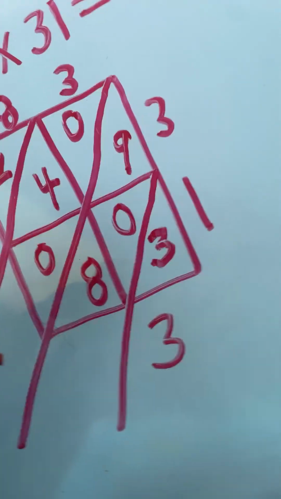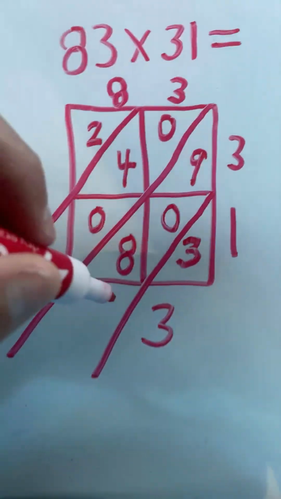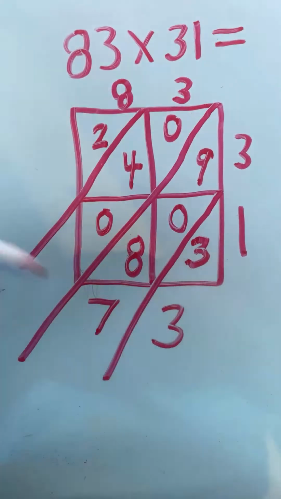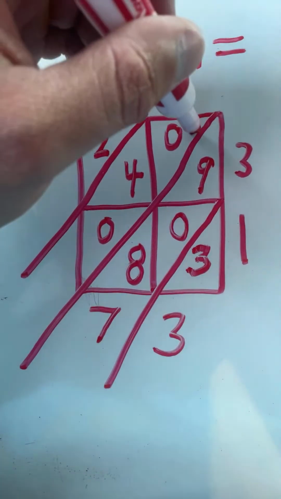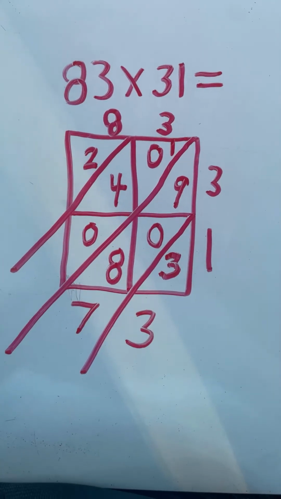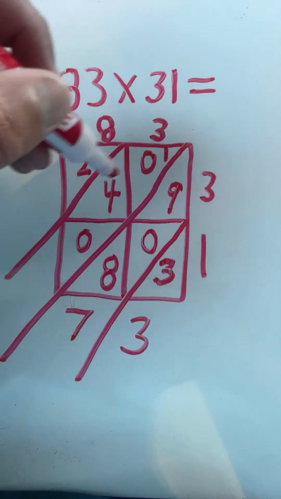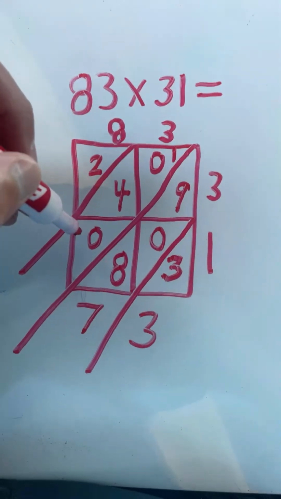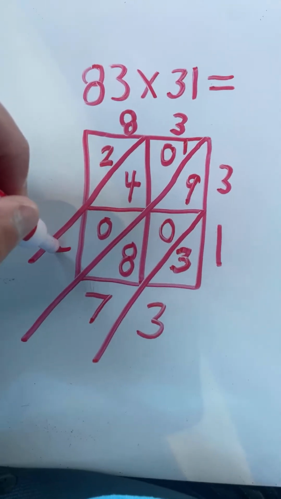So we're going to need to regroup here. So the 7 in 17 goes in the tens place. The 1 in 17 gets carried over to the hundreds place. 1 plus 0 equals 1, plus 4 equals 5, plus 0 equals 5.